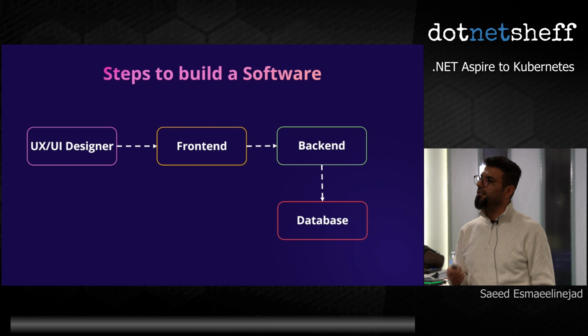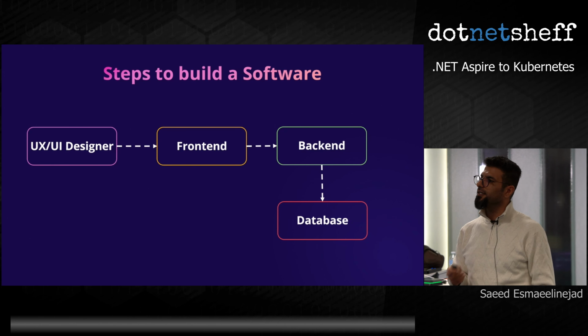So these are the very simple steps if you want to build a product. You will need some people to do that, or maybe one person as a full stack. Here we need to know what .NET Aspire covers if we say it makes it easy to build the project.